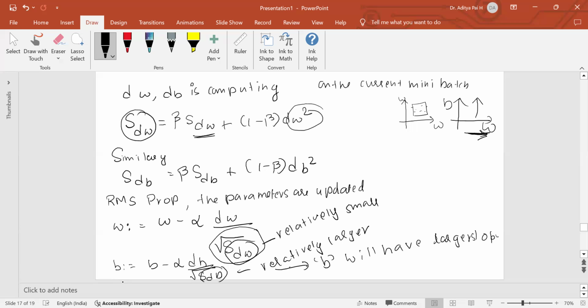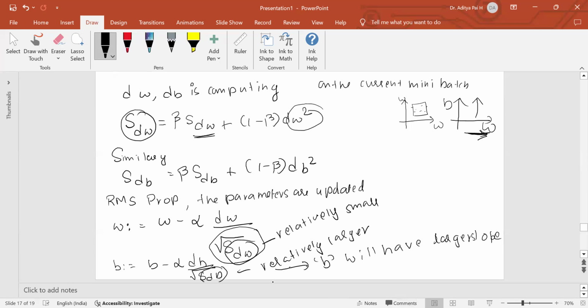So when I say db, it has a bigger slope, and that is what you see here. Your b has a much bigger slope because it is going in the vertical direction, and it will have a larger slope when compared with dw.